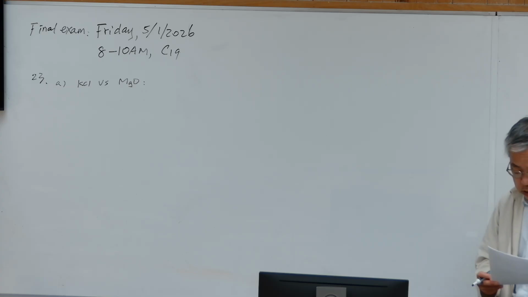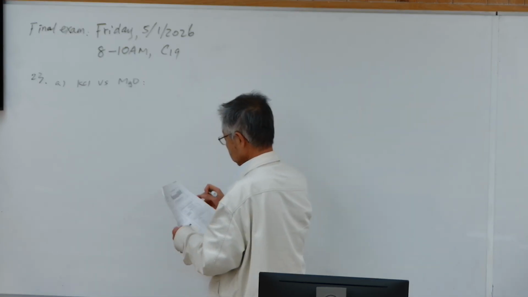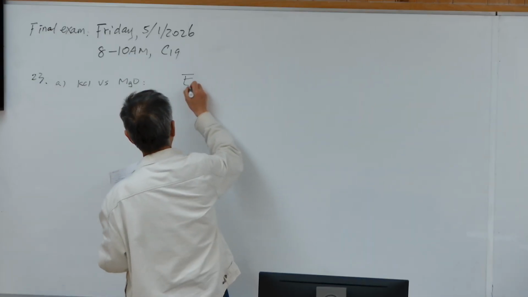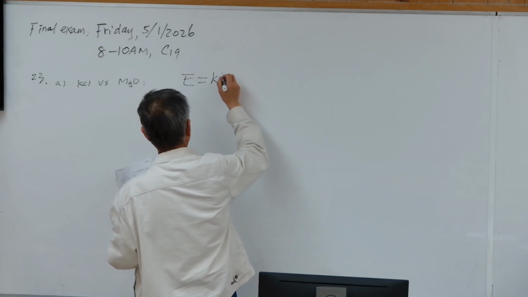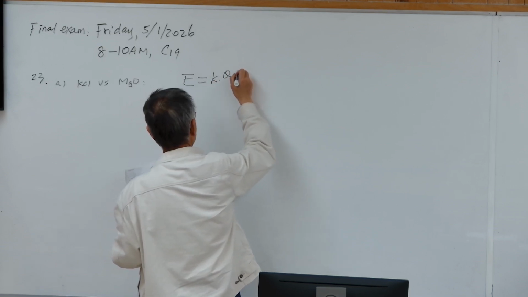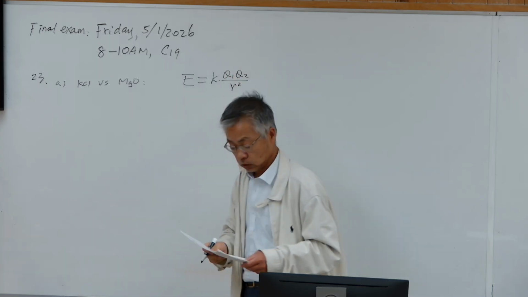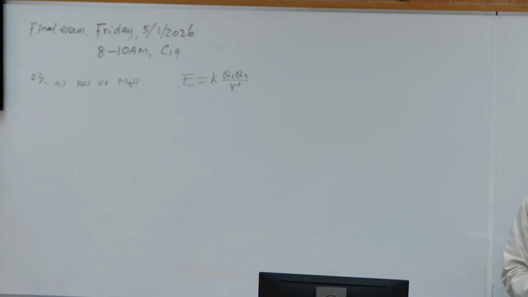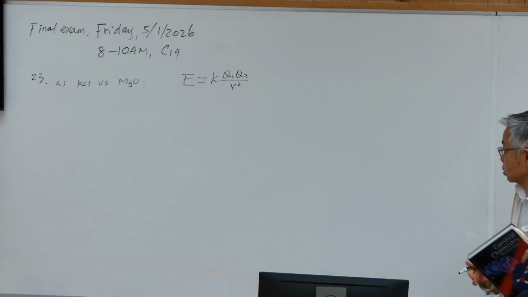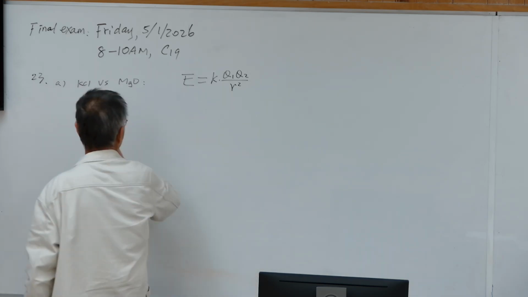One is the charge, the other is the size, because lattice energy equals Q1 times Q2 over R squared. So Q is in the numerator, while R, the radius, is in the denominator. So we compare these two compounds.